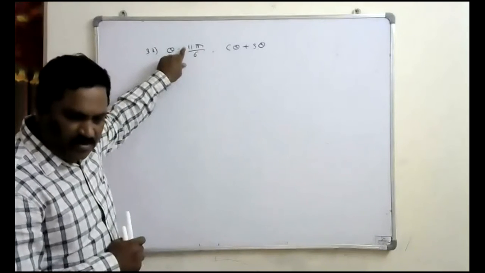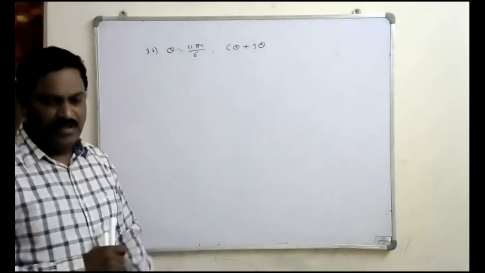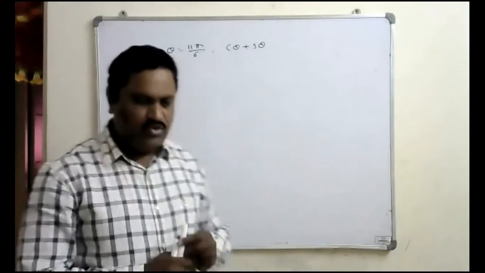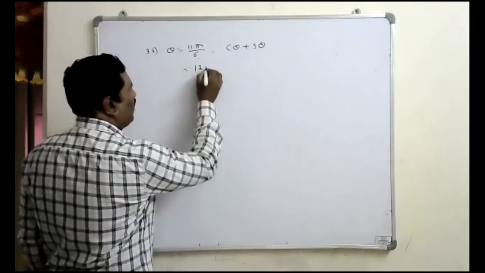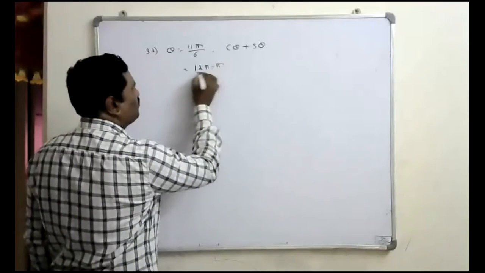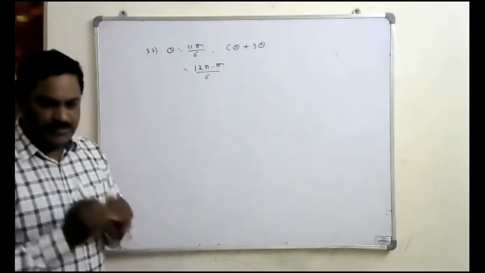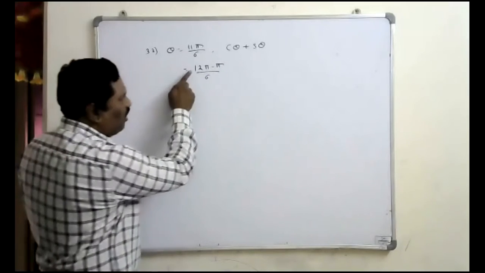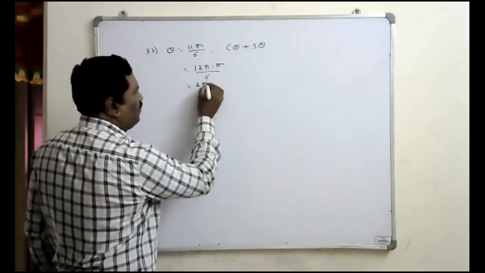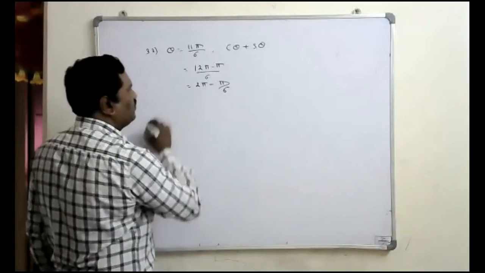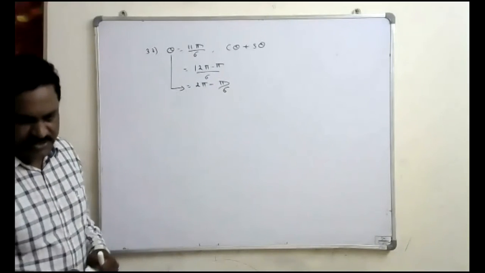Near to 11, what is the multiple of 6, because the denominator is 6? Nearest to 11 is 12. So for this 11 pi, I can write 12 pi minus pi, all divided by 6. 12 pi upon 6 is 2 pi. So theta we can write as 2 pi minus pi by 6.